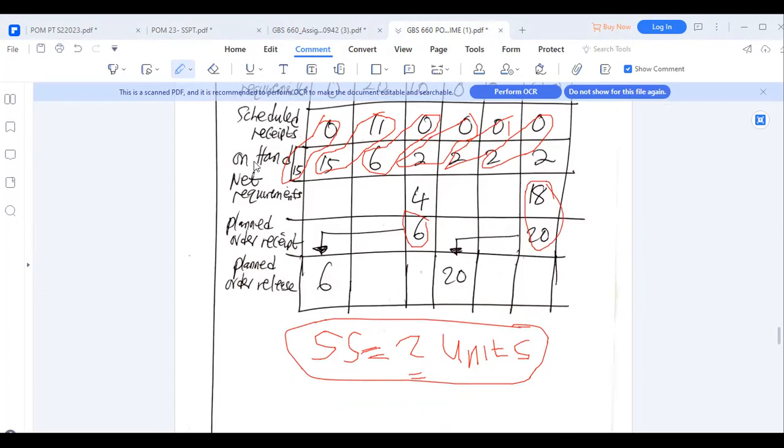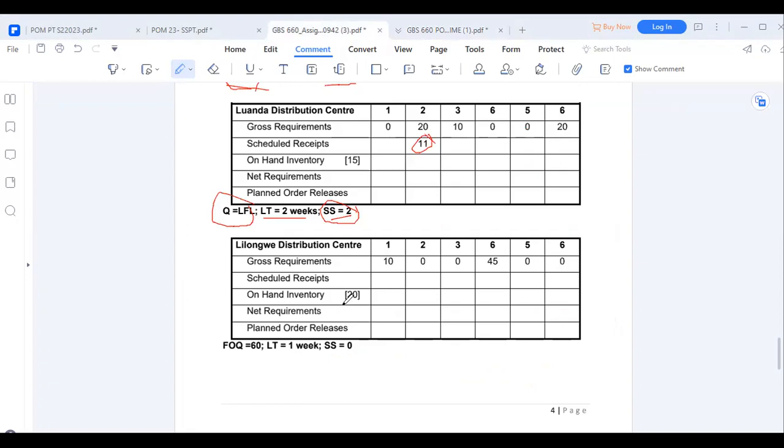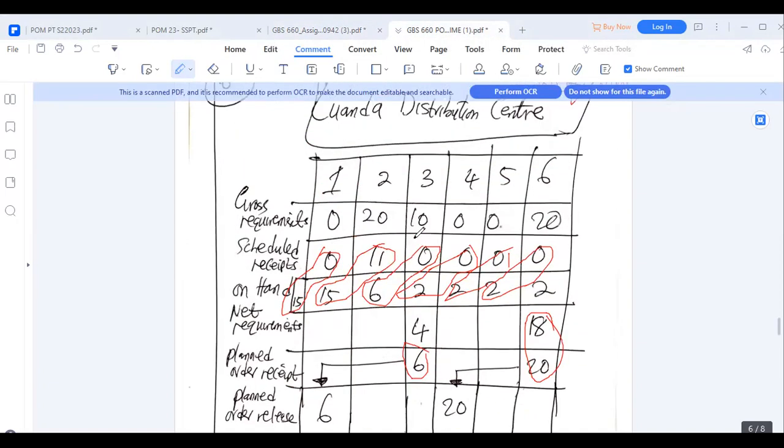So the safety stock is 2 units here in this case. All right. So this is the reason why we have the solution in this way, for Rwanda.